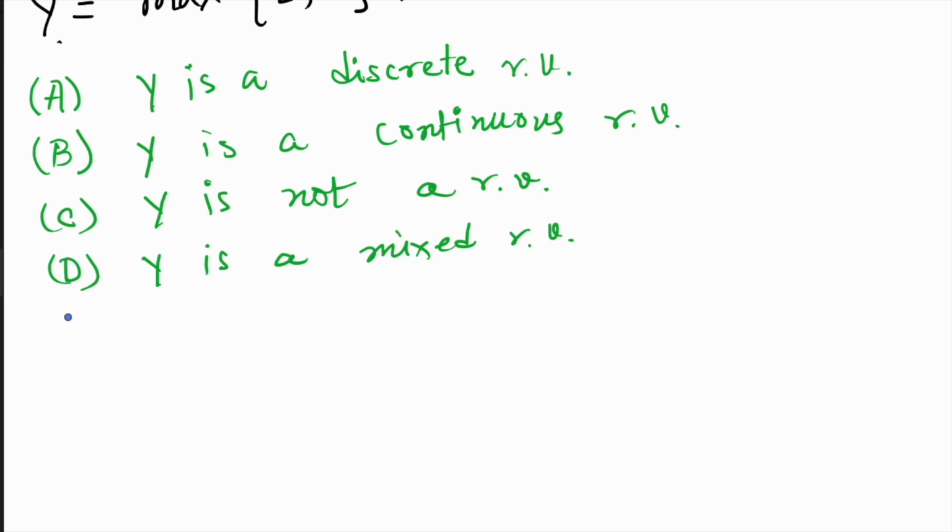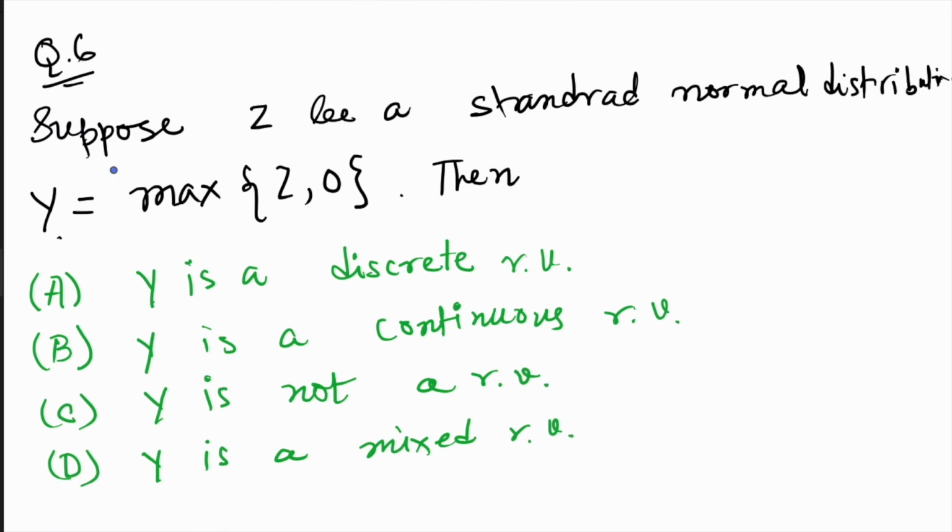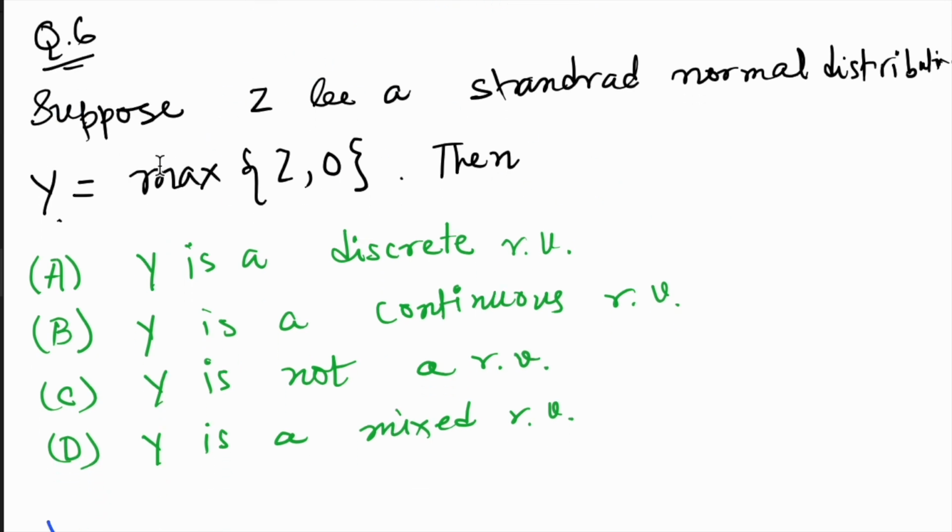So it has been told that Y is the maximum of Z and 0. Z is a normal distribution, so that means the value of Z can take minus infinity to plus infinity.